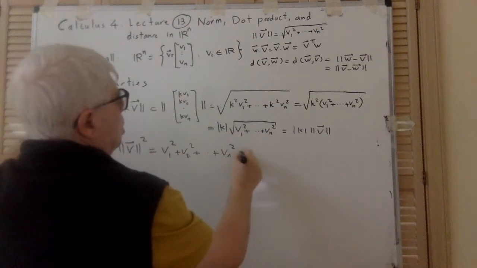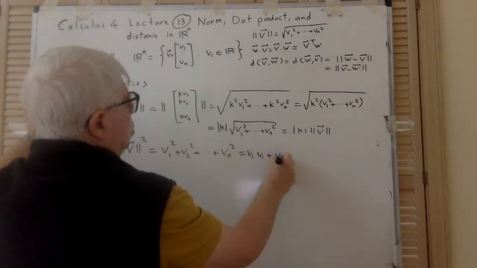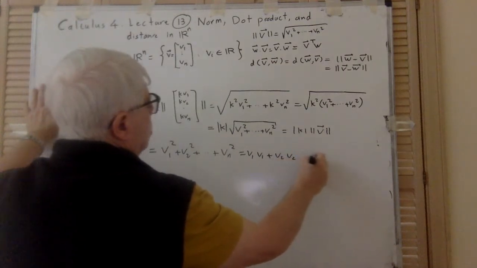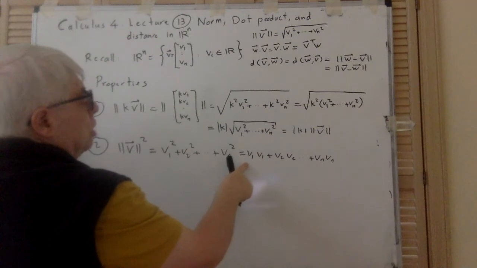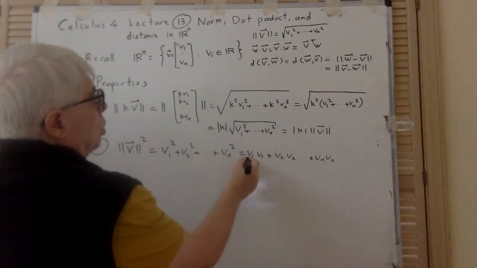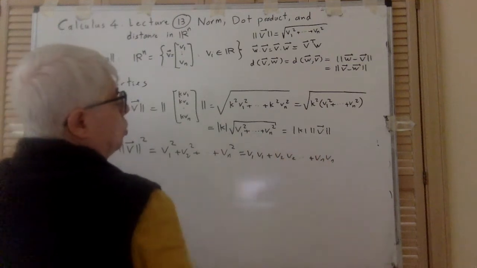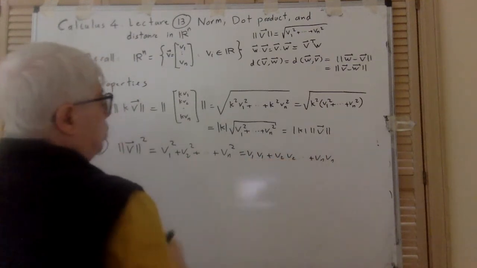So if I write this as v1 v1, v2 v2, and vn vn, it looks like I'm dotting two vectors, one with coordinates v1, v2, up to vn, and another again v1, v2, up to vn.